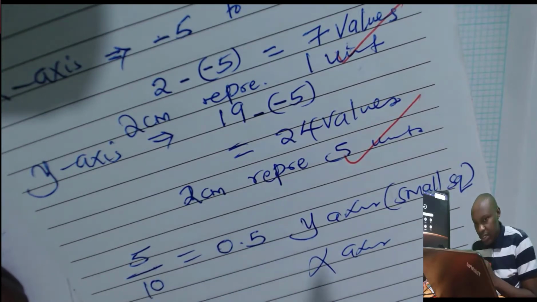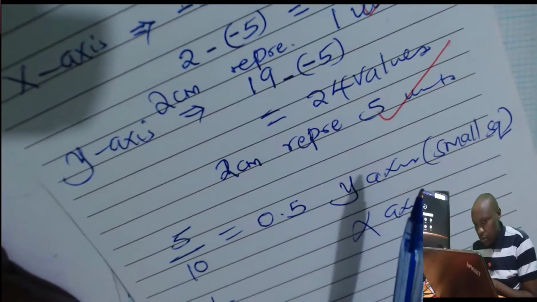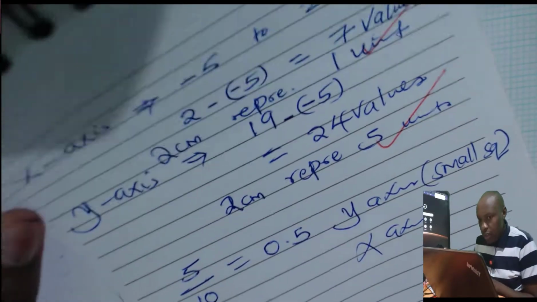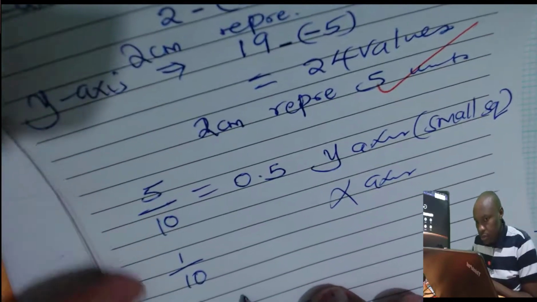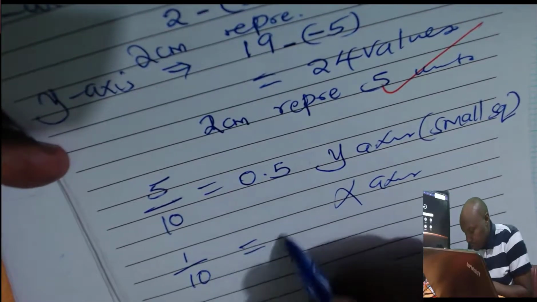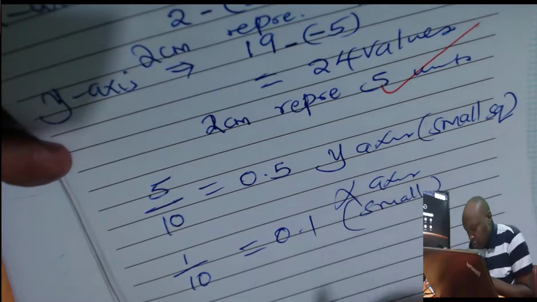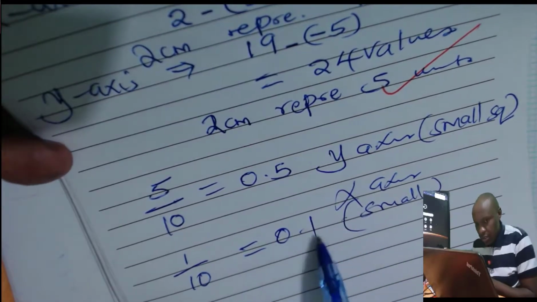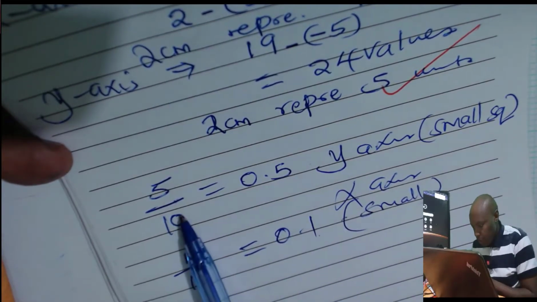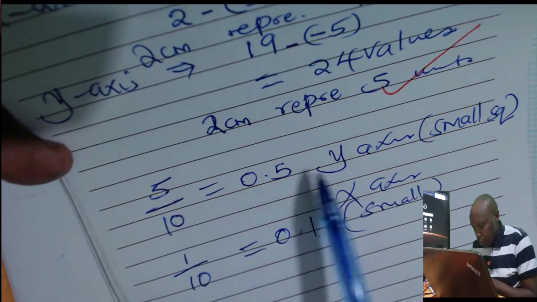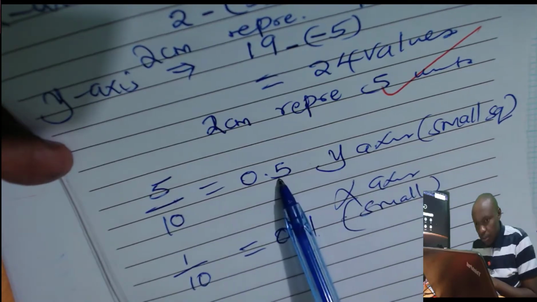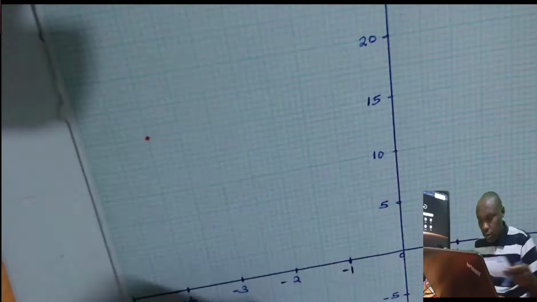That is how you get the size of one small square. So 1 divided by 10 is 0.1. So the size of one small square on the x-axis is 0.1. The size of one small square on the y-axis is 0.5. Very important to know that.